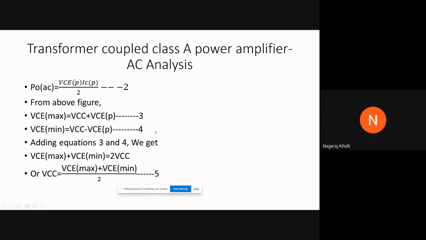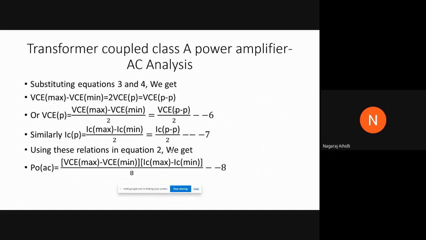Take it as equation 4. Let us add equations 3 and 4. If we add equations 3 and 4, then we get VCE max plus VCE min equal to 2 VCC, because VCE peak and minus VCE peak will get cancelled. Or VCC will be equal to VCE max plus VCE min divided by 2. Take it as equation number 5.